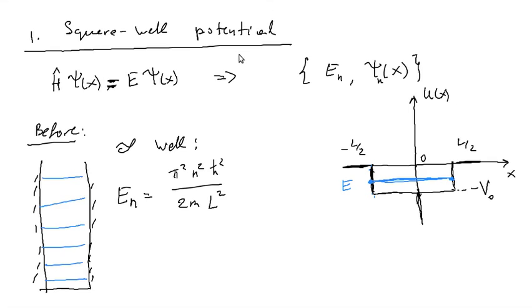And the wave function was like this, if I try to plot it. The first wave function was half a wavelength, then one wavelength, then two, and so on. So basically you were talking about standing waves.